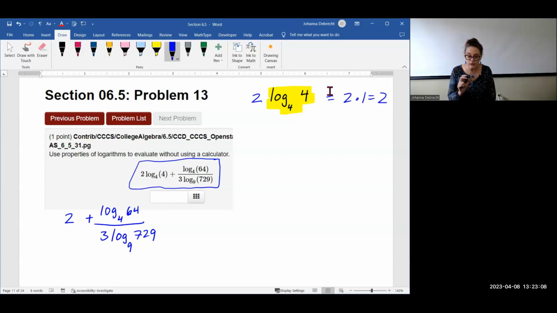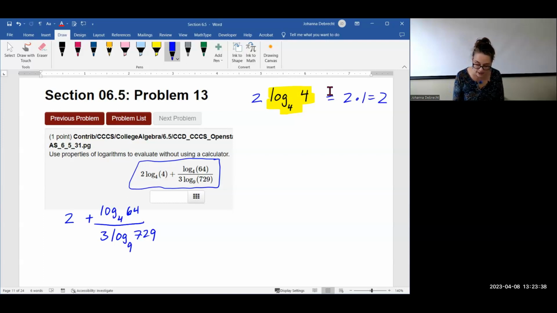That would have given me log base 4 of 4 squared, which is 16, and 16 is 4 squared. I still would have gotten a 2. The problem is if you push it inside, it makes the answer part larger, and we're trying to make it simpler. Making the answer part a bigger number is probably going to make it more complicated. So it's usually better to simplify the answer part with the coefficient left outside if possible, right?